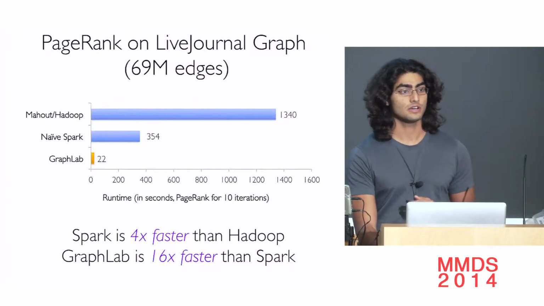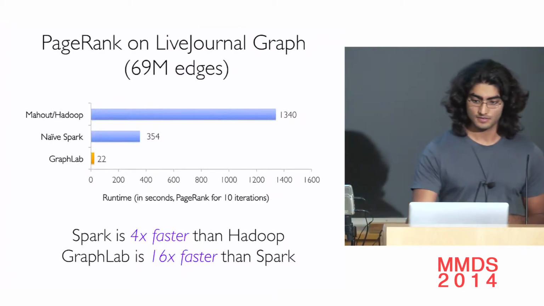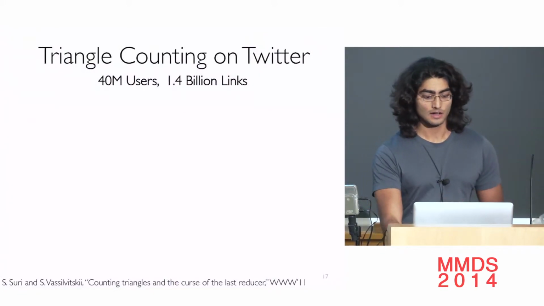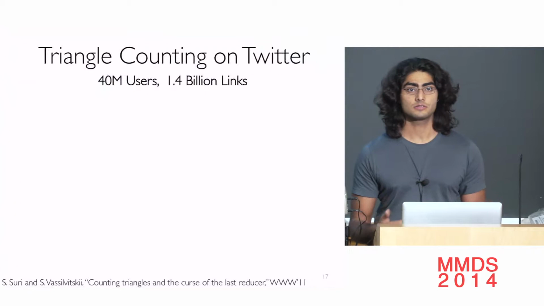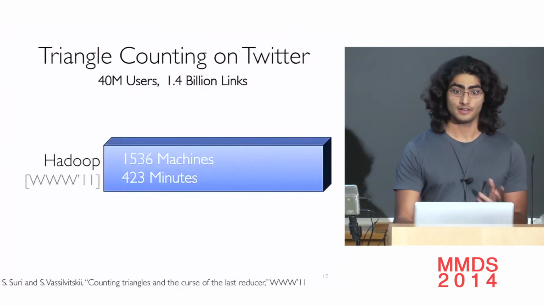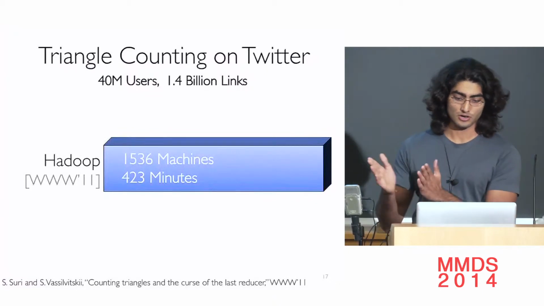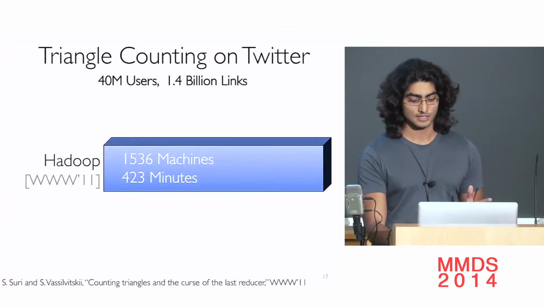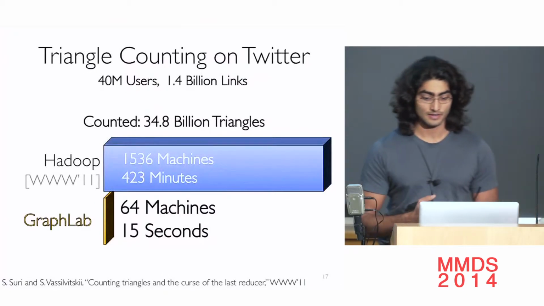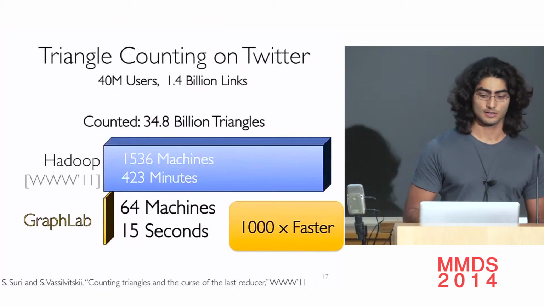So this is the impact of specialization on performance. And here's an even more emphatic example, where for triangle counting, which is more communication intensive, Hadoop, which is a general system, takes 400 minutes on a very large cluster, whereas GraphLab is much faster, actually 1,000x faster on a smaller cluster.